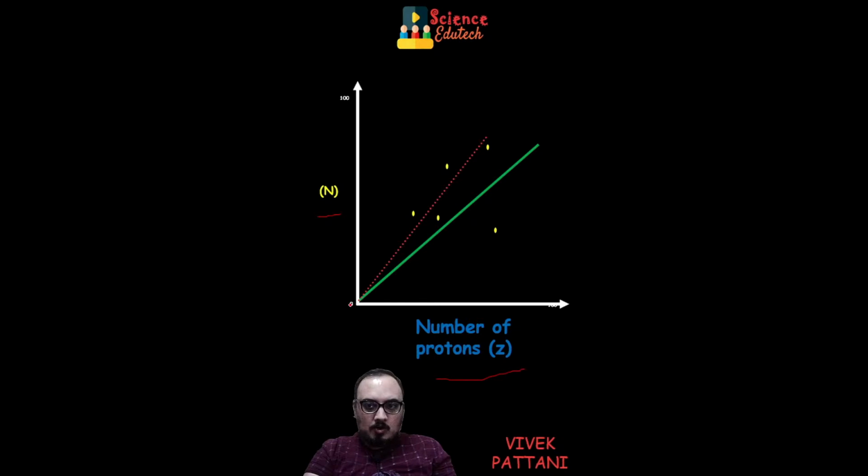The solid green line represents the neutron to proton ratio, the red dots represent isotopes that are stable, whereas the yellow ones are basically the unstable ones.